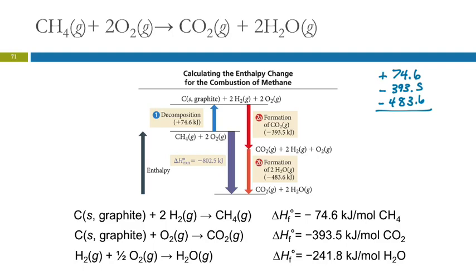Just do it and make sure the math is correct. 74.6 minus 393.5 minus 483.6. 802.5, negative.